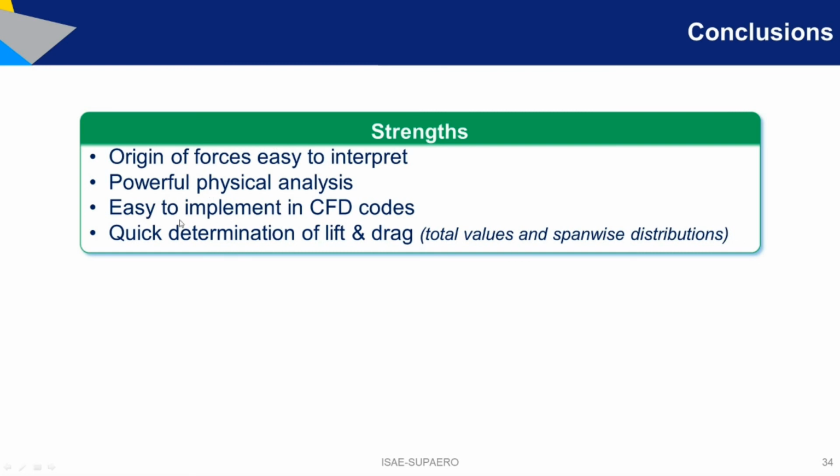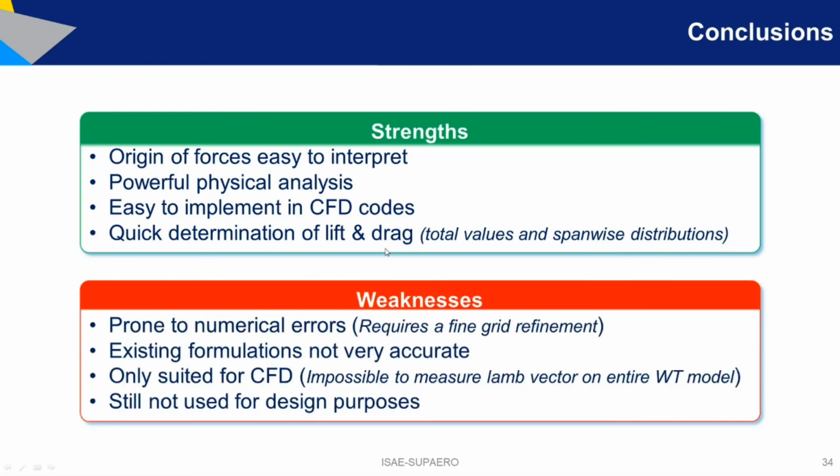It's also very easy to implement in CFD codes. You have all the parameters. You just have to take care of the numerical accuracy, and that's all. It also allows you to determine lift and drag very rapidly. So this is a very good application method.